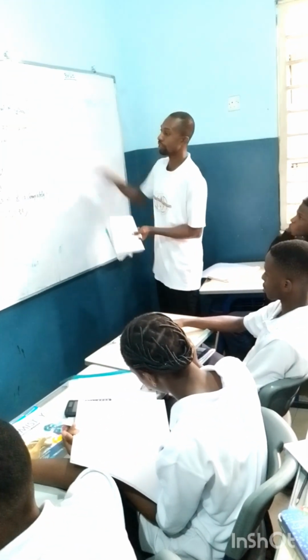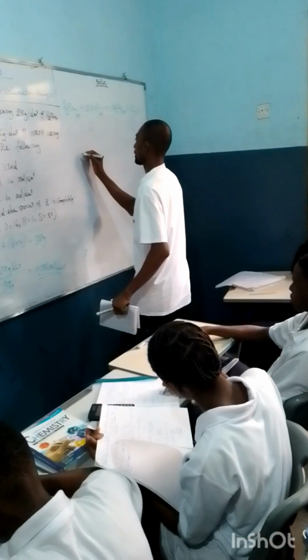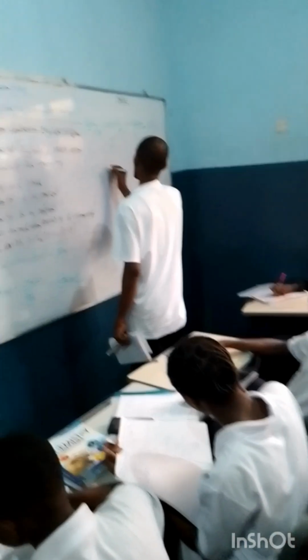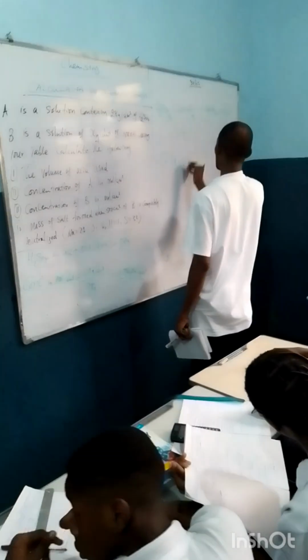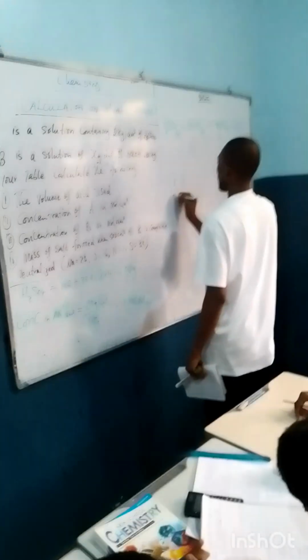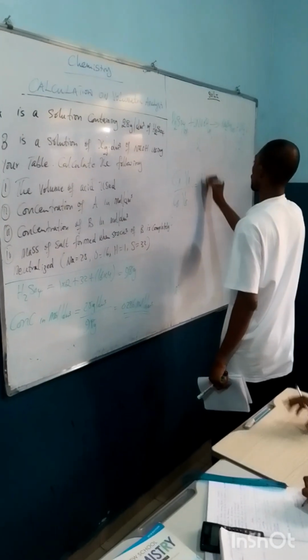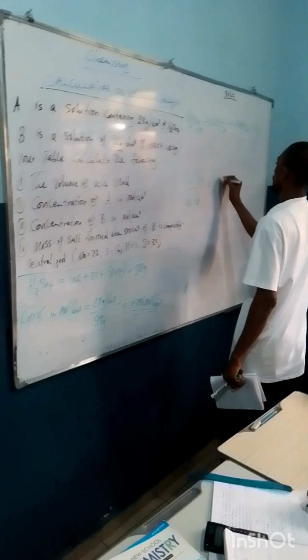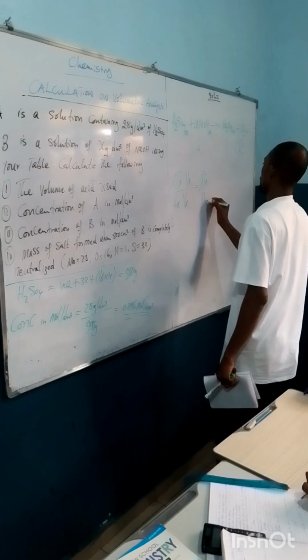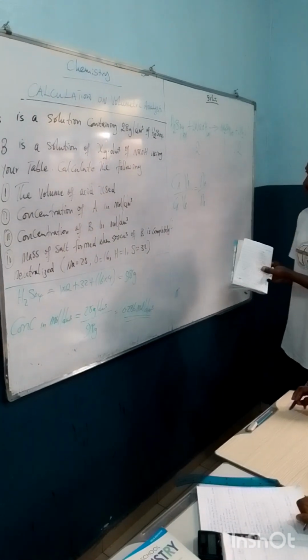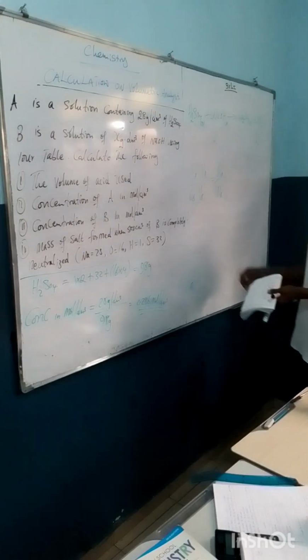Now, since we know this, our formula says that Ca, which is the concentration of the acid, times Va, which is the volume of the acid, all over Cb, concentration of base, times the volume of base, which is Vb, equals the ratio of reaction of A over the ratio of reaction of B, or you call it molar ratio, mole ratio.